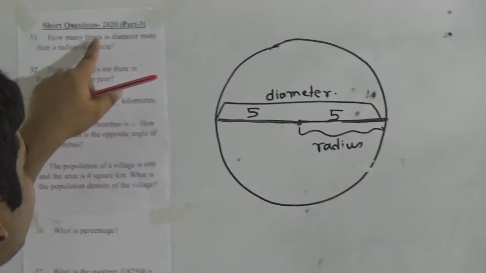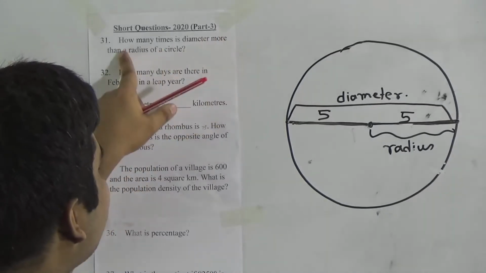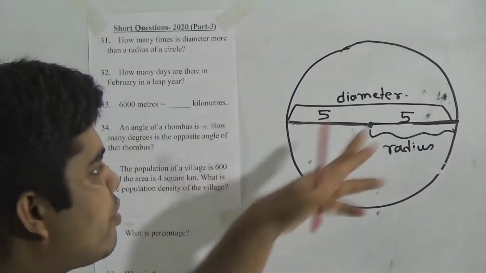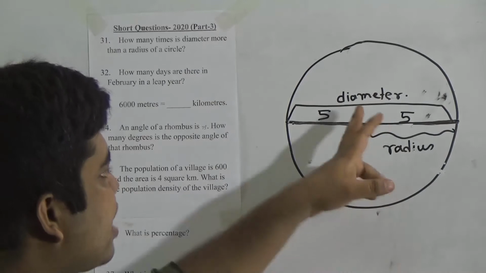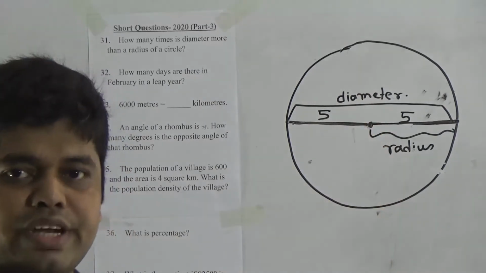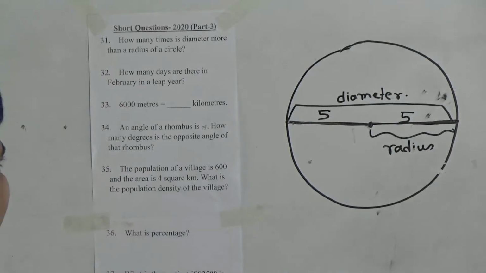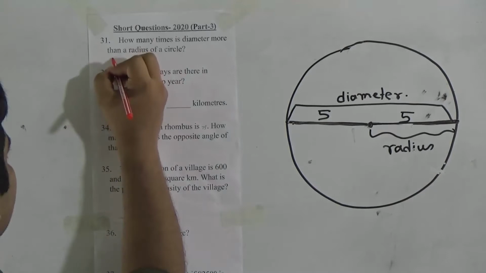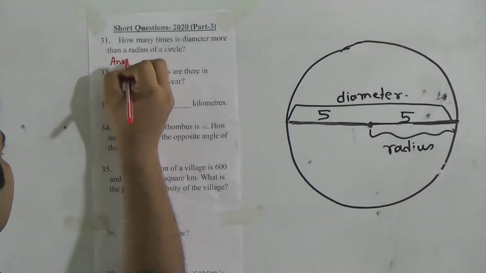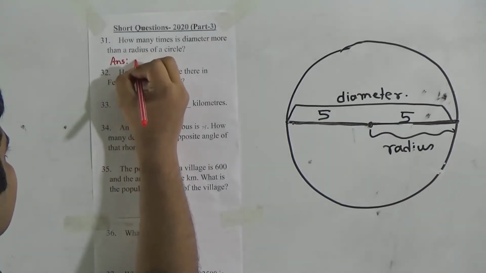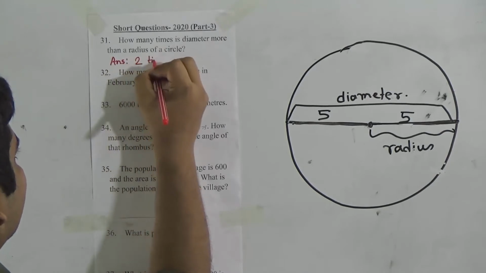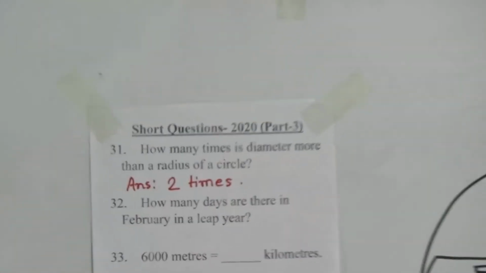So from this figure we can say diameter is 2 times the radius. Write: how many times? The answer will be 2 times. So the first one is done.